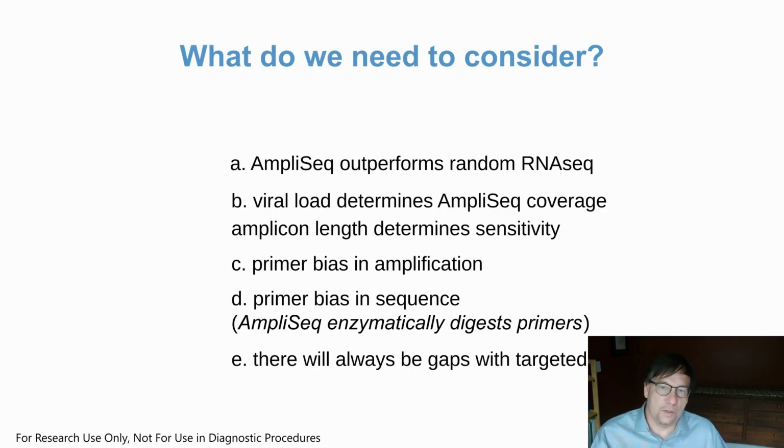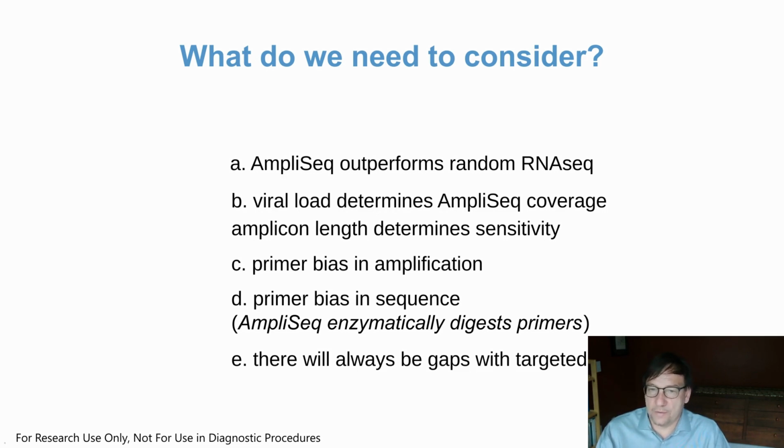So what do we need to consider when we are doing these experiments? I will show you that AmpliSeq outperforms random RNA-seq. I will show you that viral load determines the coverage of sequencing, and that the length of each amplicon determines the sensitivity of the approach.